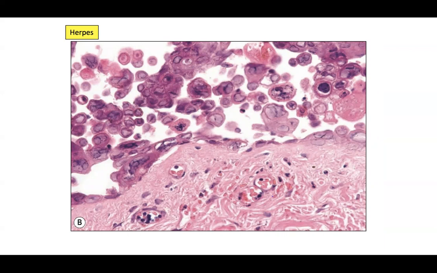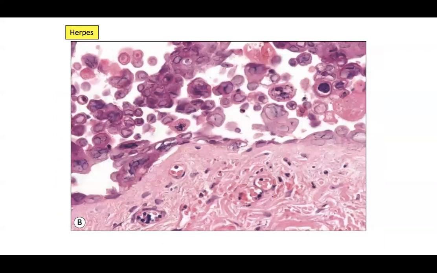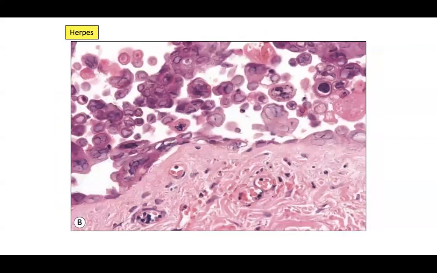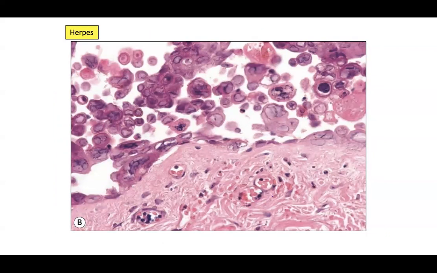I have had some cases before where there was an ulceration with abundant neutrophils, and these cells were just sneakily hiding within the neutrophilic inflammation. So if there's any doubt on whether or not there's herpes infection, and it's extremely neutrophil-rich and not that classic herpes blister that you see, then doing some of those immunostains that we talked about to highlight maybe some of those hiding viral inclusions within the infiltrate is useful.